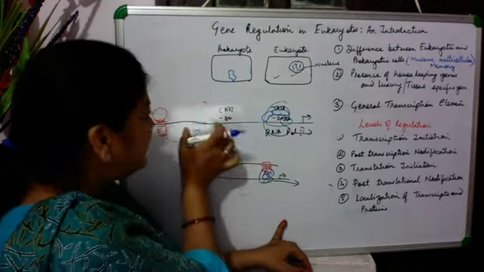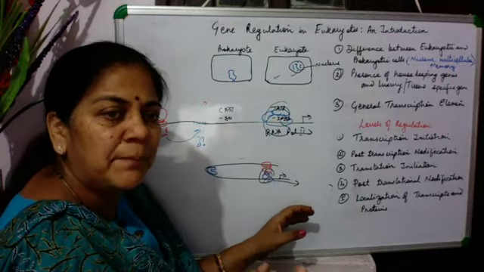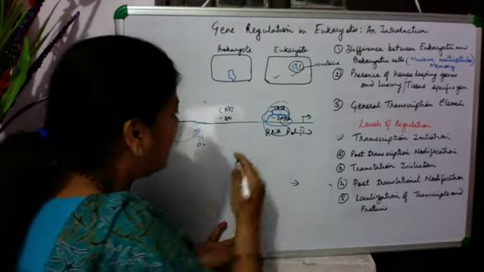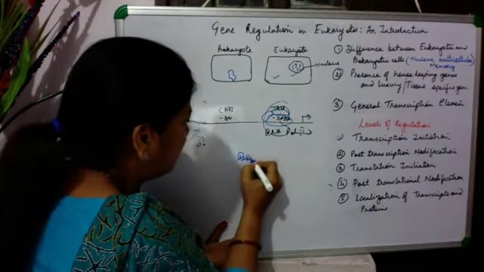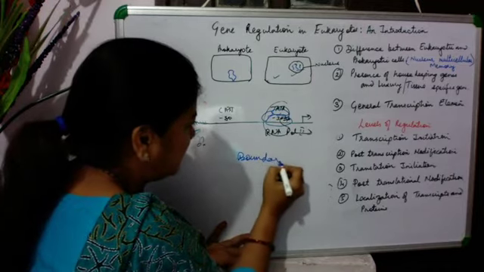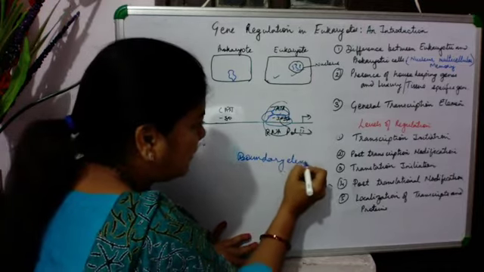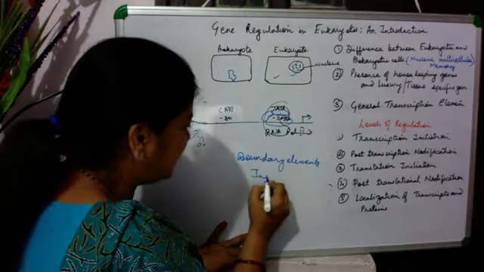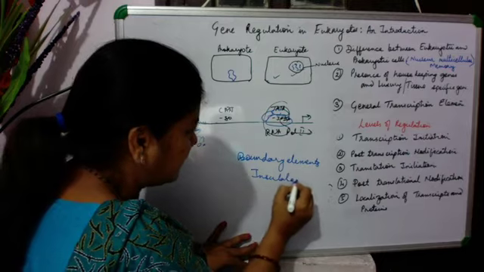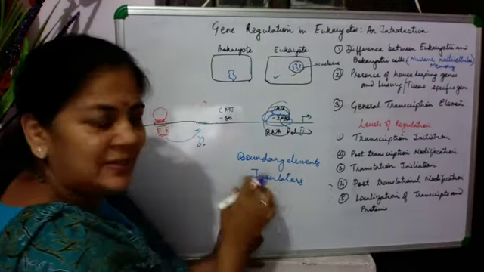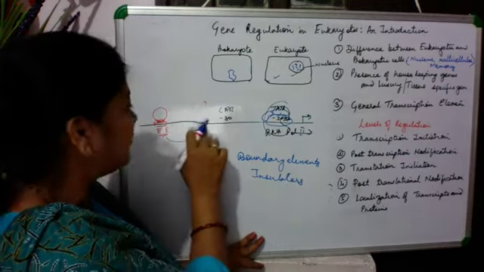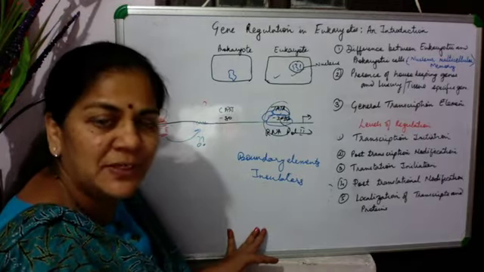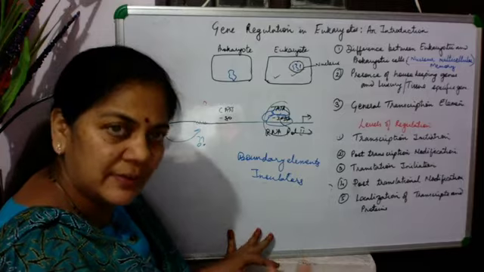Because the genes in between are bounded by certain elements which are called boundary elements, or insulators, which insulate the effect of this enhancer on this gene. So therefore, the enhancers are very specific for the gene on which they are acting.